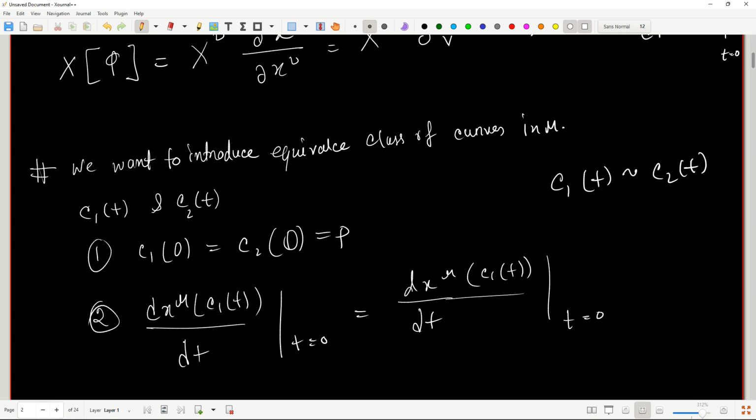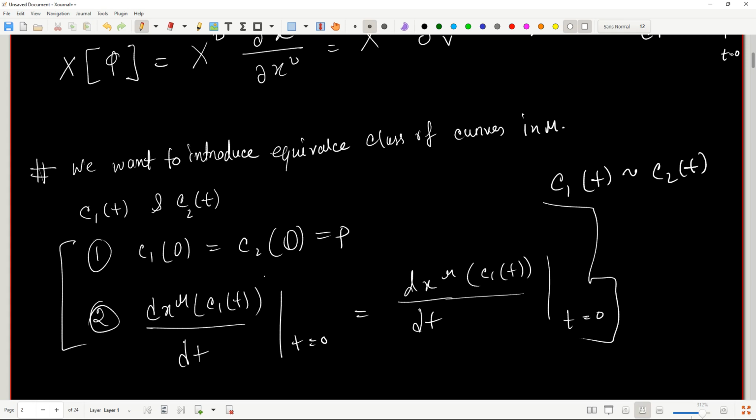One can check that under these two conditions this is indeed an equivalence relation, and we identify the tangent vector X with the equivalence class of curves given by these conditions.